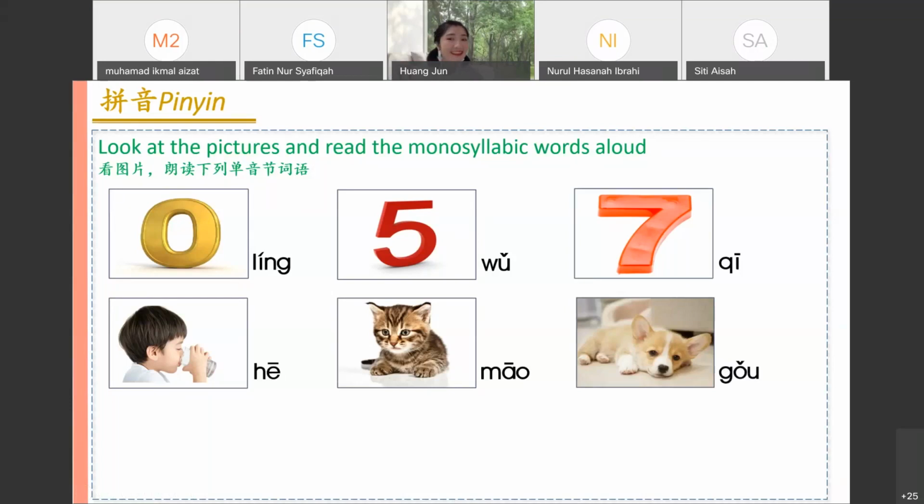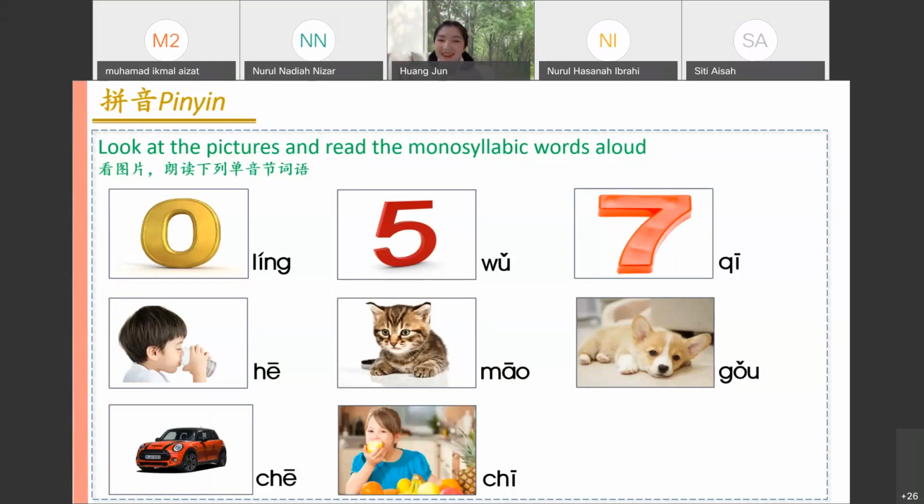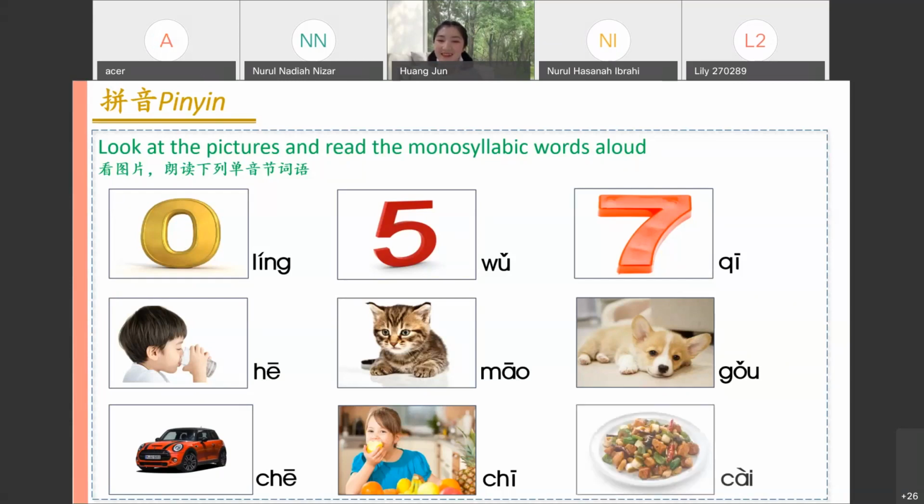Go. Chair, 车. Okay, this one? 气, 吃, 是, 菜.